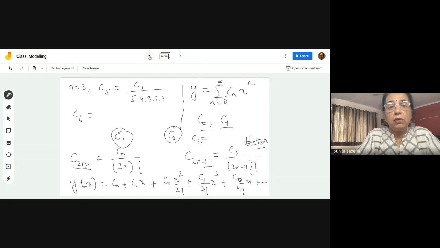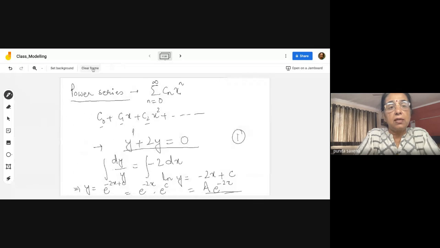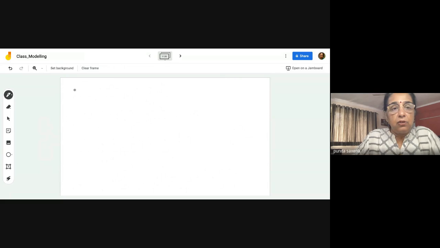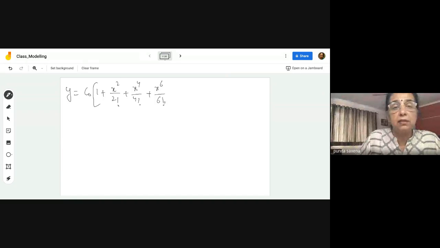So when you write this solution, you are going to get something like C naught into 1 plus all even terms will be here, something like this, plus C1 into all odd terms, that means x plus x cube by 3 factorial plus x5 by 5 factorial and so on and so forth.